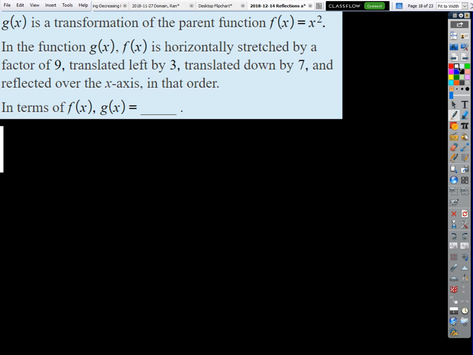Okay, any brave soul want to volunteer an answer here? What do you got? -1 times the 1/9 times the quantity x plus 3, and then squared.